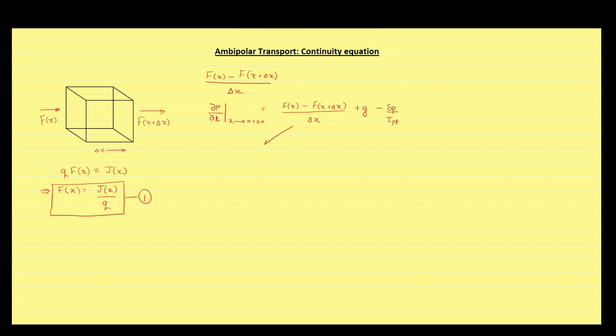This factor comes because of the difference in the number of incoming and outgoing hole concentration. This term represents the thermal generation rate, and the last factor is the recombination rate, which you have studied in the last lecture.